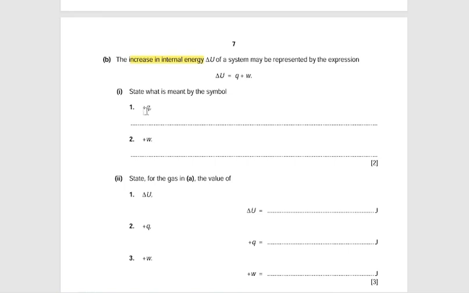Now, you can see they have given us this positive sign here. They could be negative as well. One thing that we need to understand is that when it's positive, this means that the thermal energy, the heat energy, is supplied to the system.